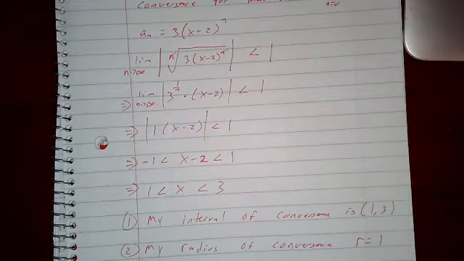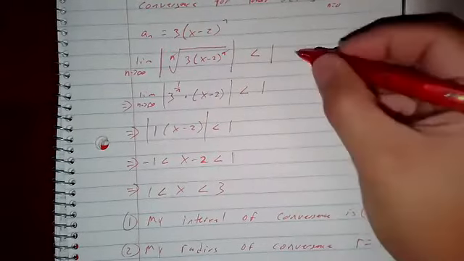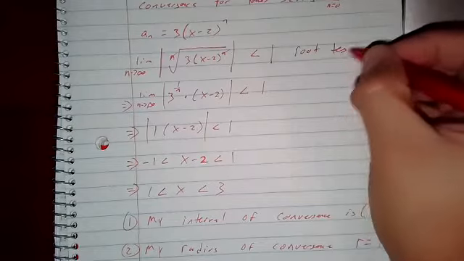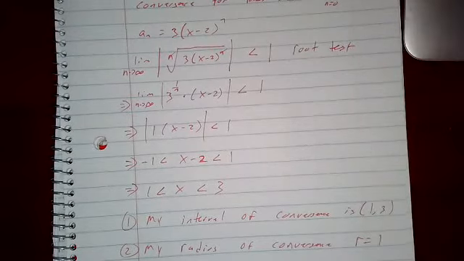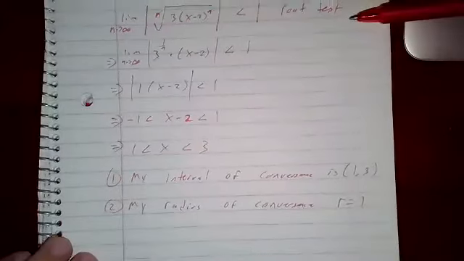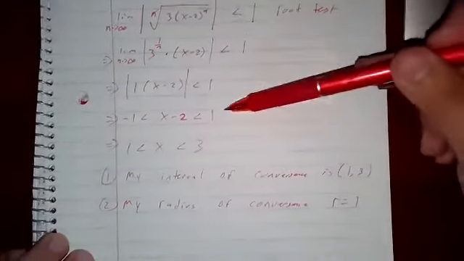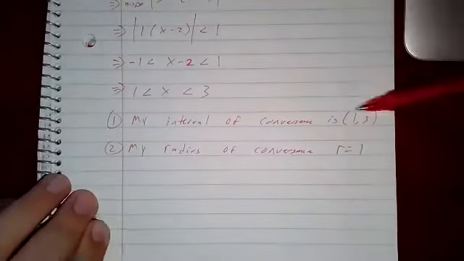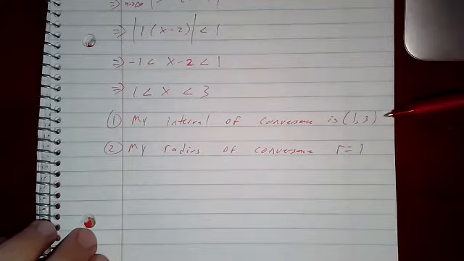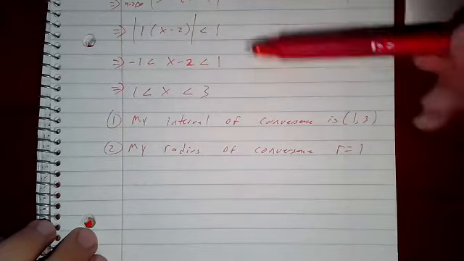So in the homework, they're going to ask you, what is the radius? What is the interval? And you need to use a test, right? This is the root test here. The root test gave me this restriction, which allowed me to find and create an interval of convergence. And it's not equal to 1, right?